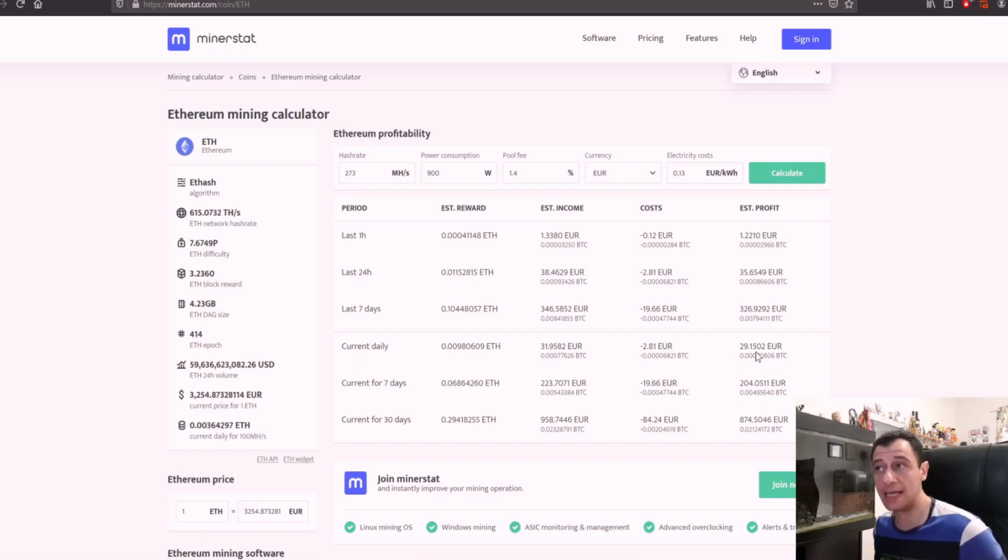In a whole day here, the difference was around 45 cents just because of the pool fee. Okay, so do make sure that you're calculating the pool fee properly as well, and make sure to include the miner fee as well. For those of you that are mining on a CPU and using XMRig, the dev fee is also 1%, so make sure to include that here as well.